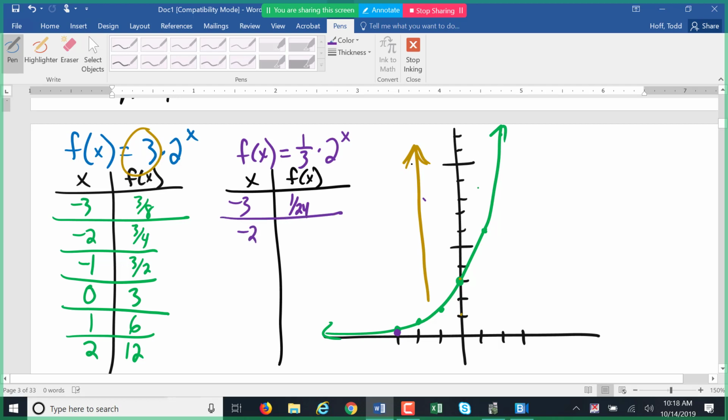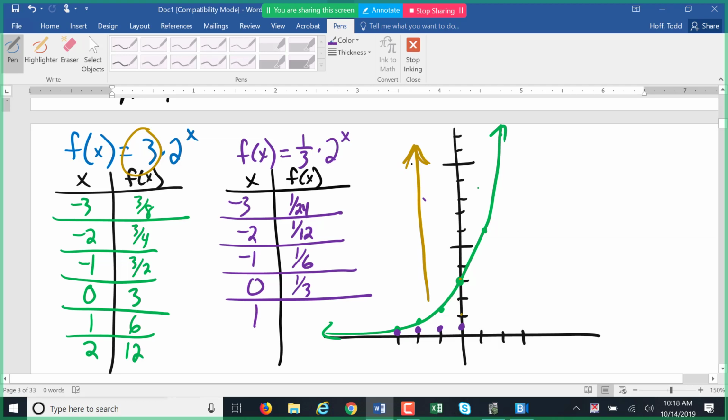Negative 2, 2 to the negative 2 is 1/4, times 1/3 is 1/12. Still pretty small. Negative 1, 2 to the negative 1 is 1/2, times 1/3 is 1/6. Still very small. At 0, 2 to the 0 is 1, times 1/3 is 1/3.